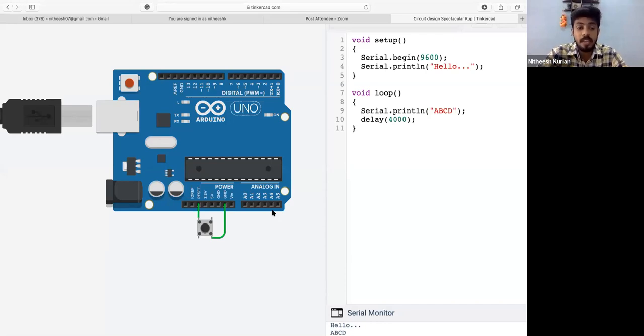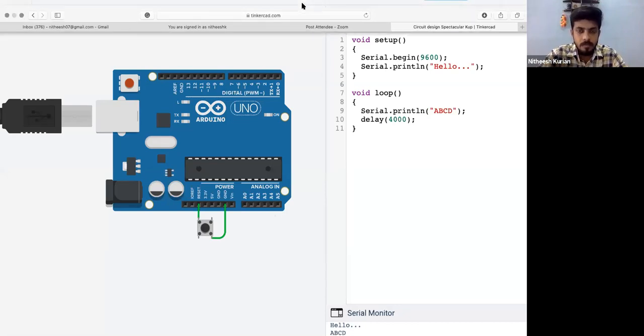It is varying the resistance of the sensor. That means a light sensor can be simply defined as a variable resistor, but the variation of the resistance happens in accordance with the light falling on the device. Is that clear? Yes, sir.